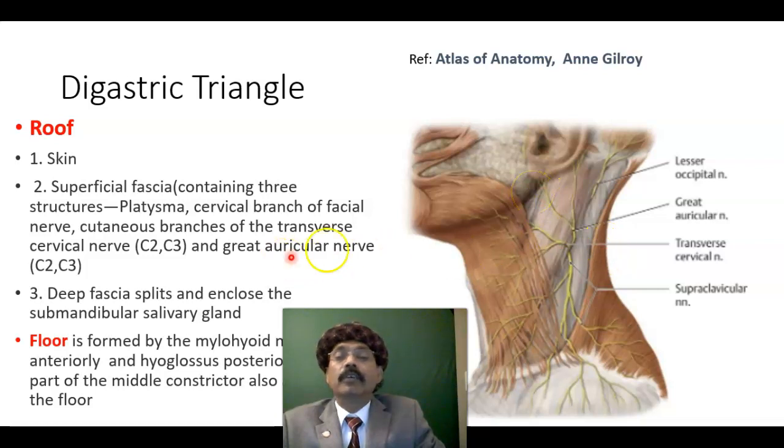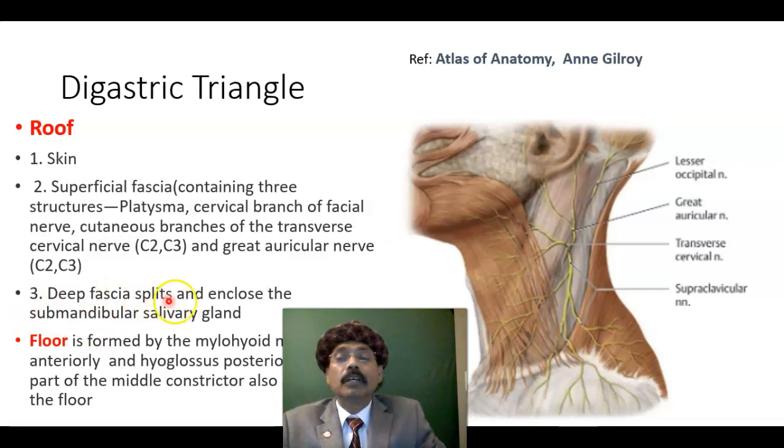This nerve has root value C2, C3, and they come out of the cervical plexus. So these are sensory, but this muscle has a motor innervation, that is a branch of the facial nerve, the cervical branch, and this is a muscle of facial expression.